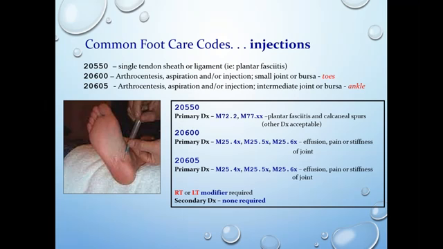But then we also see quite a bit of 20600 injections or arthrocentesis aspirations of small joints. For example, if you're injecting the toe, 20605, which is applicable to the metatarsal.